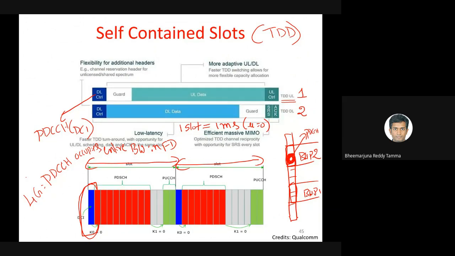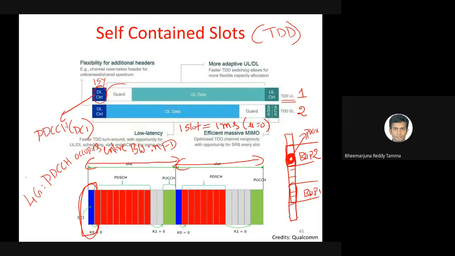I'm showing you the top one is the uplink heavy configuration, where you convey in PDCCH the cell specific control information. Then we have some guard band. As you see, we need a guard period for the user to switch from reception mode to the transmission mode. During this time, let's assume that this is one symbol time. During this symbol duration, your handset has to be there in the downlink.